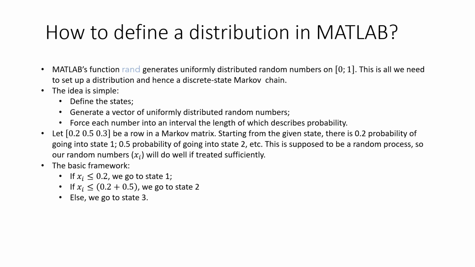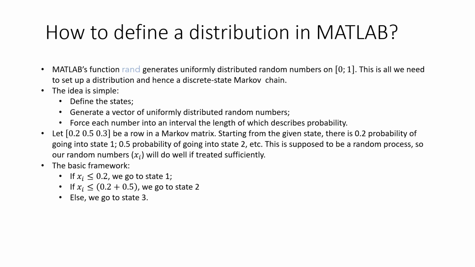So this is a random process. This is the reason why we need random numbers. The idea is very simple, by which we can force each random number into intervals to describe probabilities.